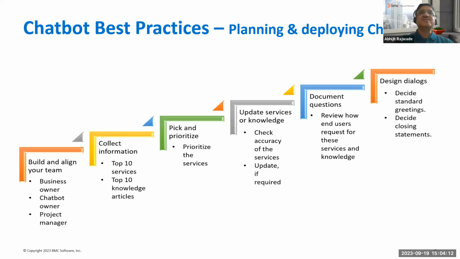The next step is you take a look at your service catalog and your knowledge in terms of accuracy or in terms of any other updates or changes needed before you use it from a bot. The next step is to interview your end users and collect and document the questions that the end users are going to ask the bot. And then you move on to designing the actual dialogues.